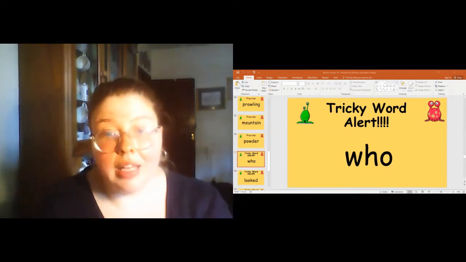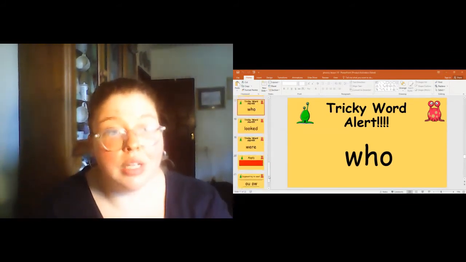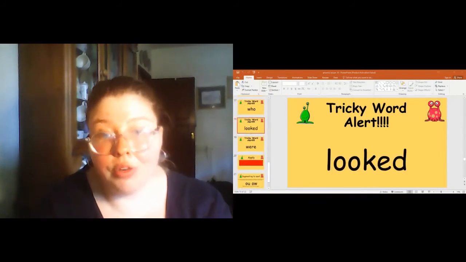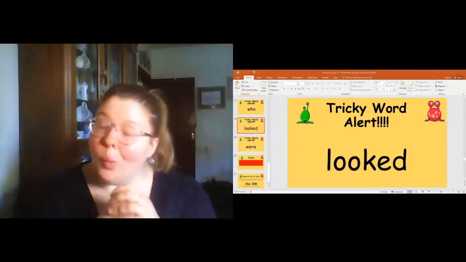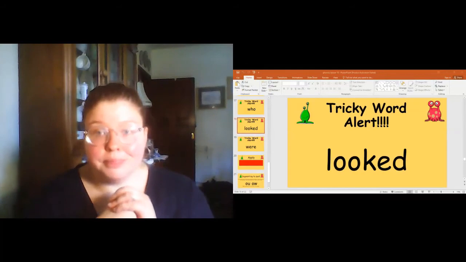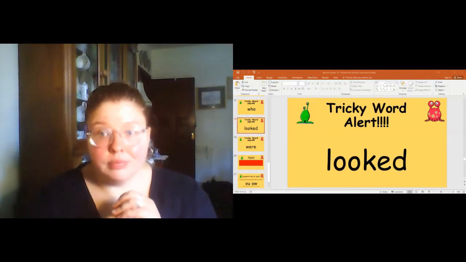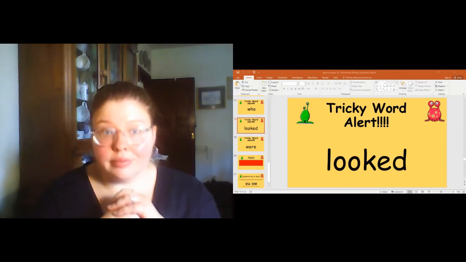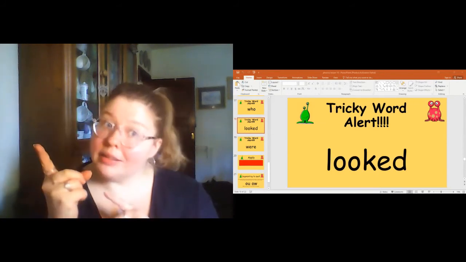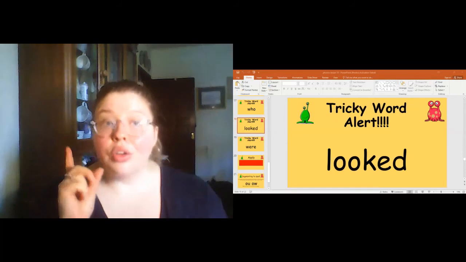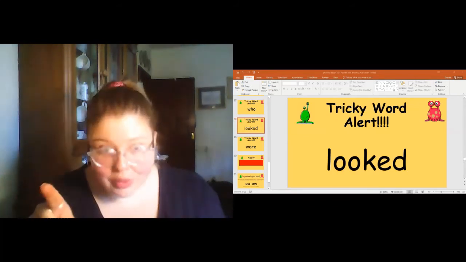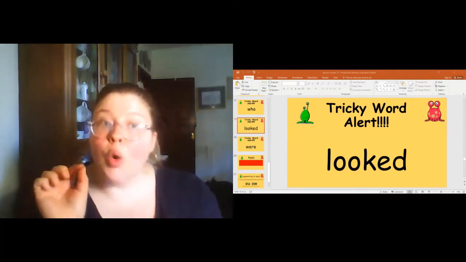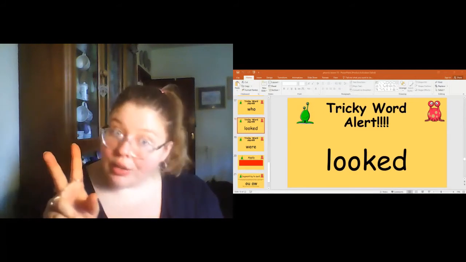Okay, let's have a look at a tricky word that we have seen before. Can you remember which bit is the tricky bit? Okay. Do you remember which bits are the tricky bits? Good job. So the oo in this word can either make oo or another sound, so we're going to have to try it two different ways.